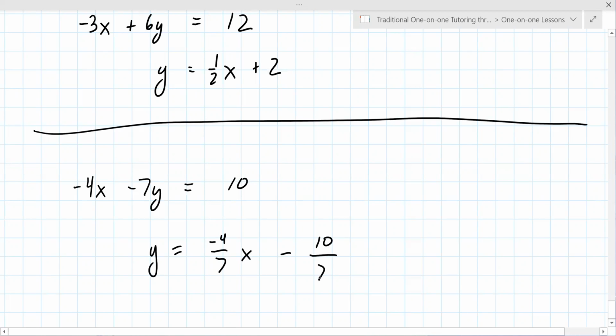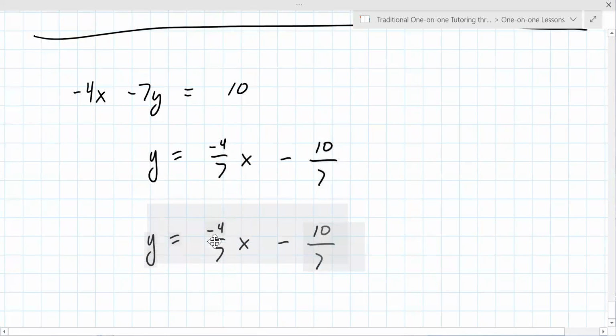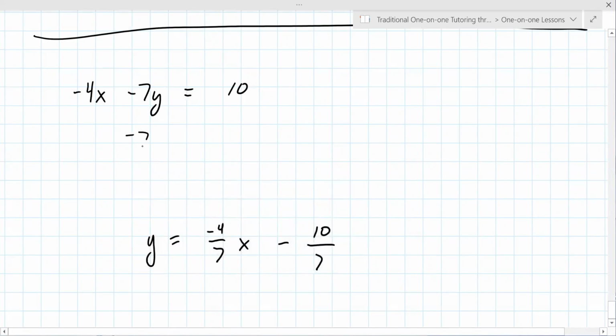So you would not write it out as negative 1 1/3? No, definitely not. And there's sevens here.